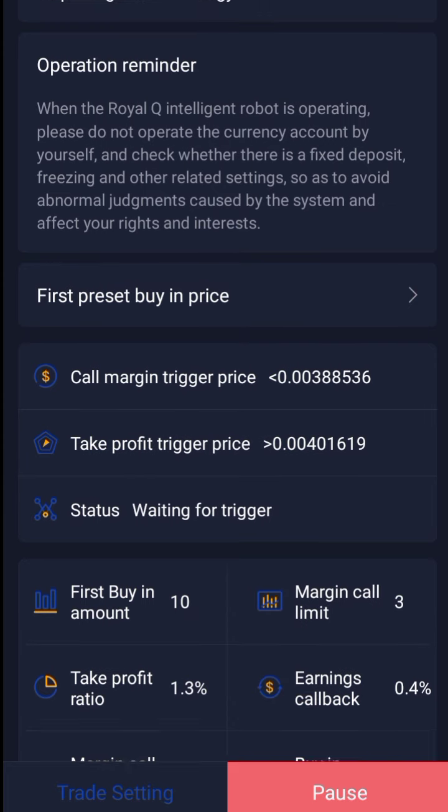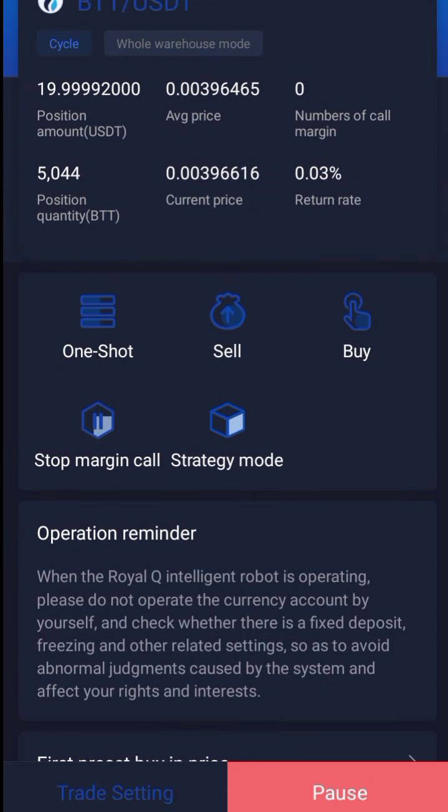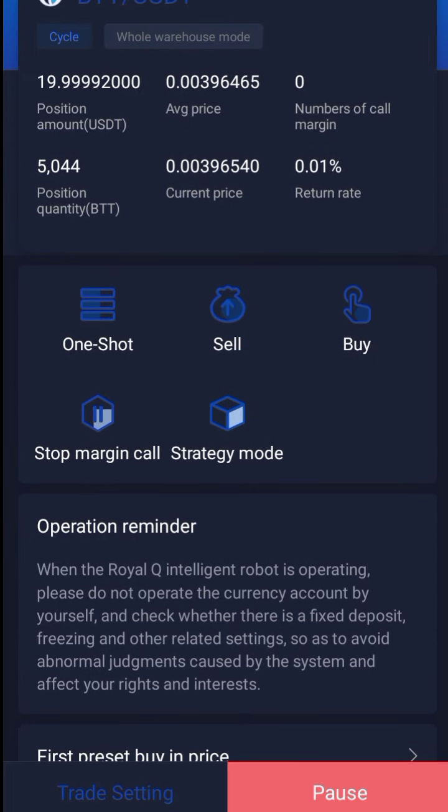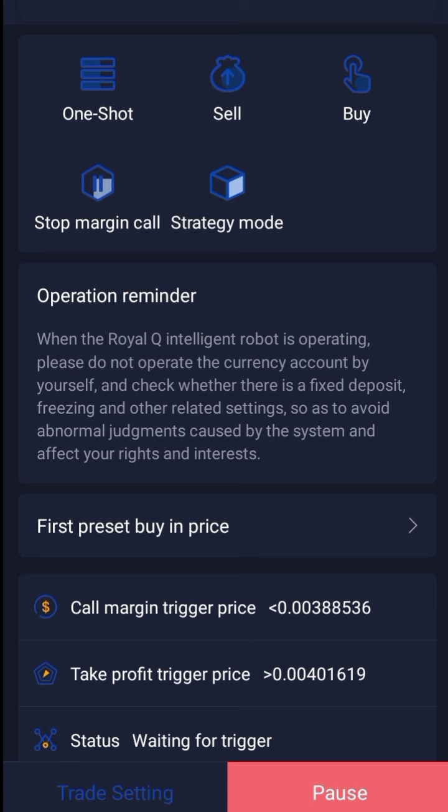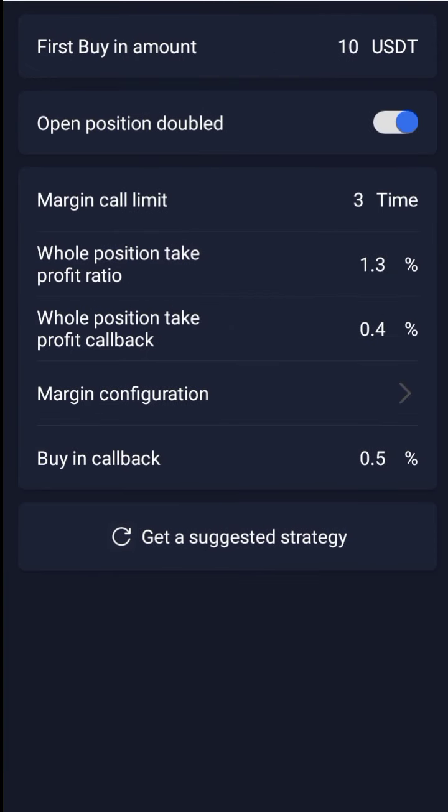So with this, it has started, and whether you're monitoring it or not, it keeps on trading by itself. With this trading, it keeps on making your profit on a daily basis. So the more money you have in your account determines the more money you make, of course.